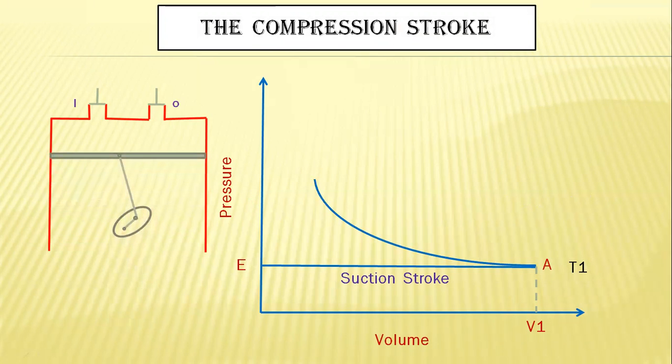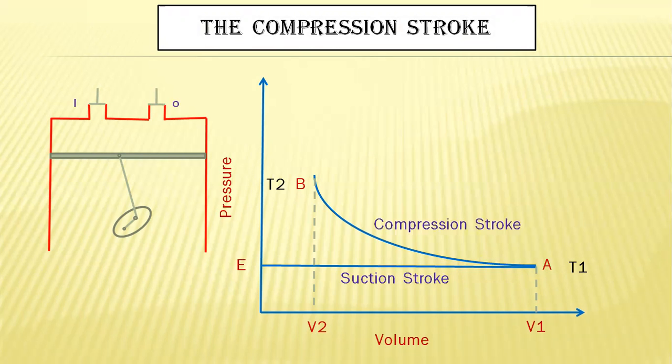A to B represents the compression stroke here. The final temperature is T2. The volume decreases up to V2. Therefore, AB represents the compression stroke.